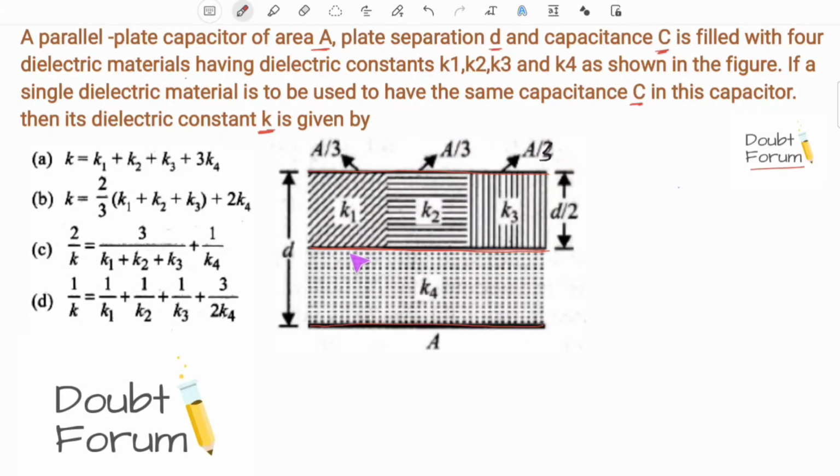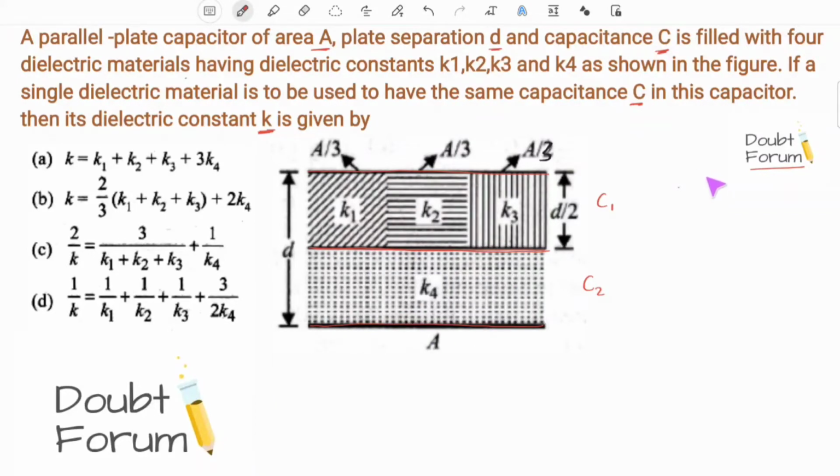The capacitance between the first plate and the middle one will be C1, and the capacitance between the middle plate and the last plate is C2. C1 is the capacitance between this real plate and this imaginary plate. C2 is the capacitance between this imaginary plate and this real plate.